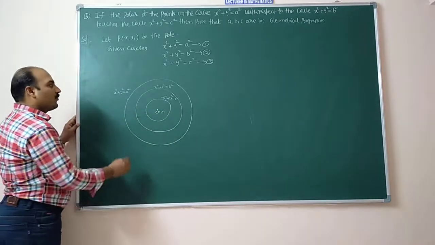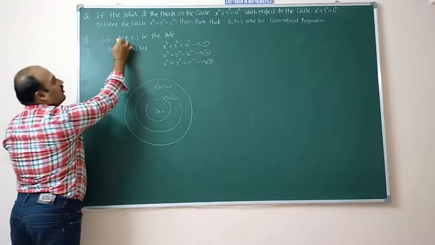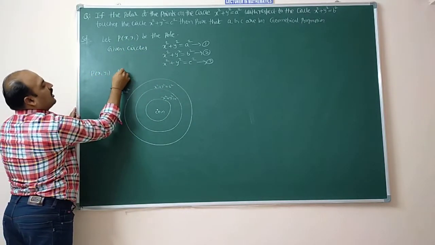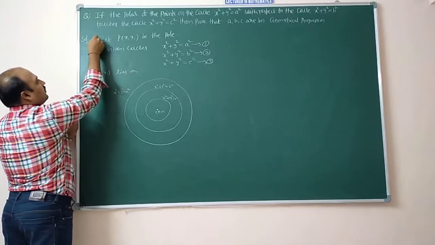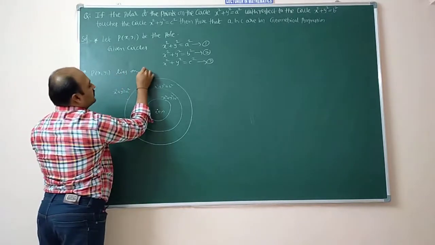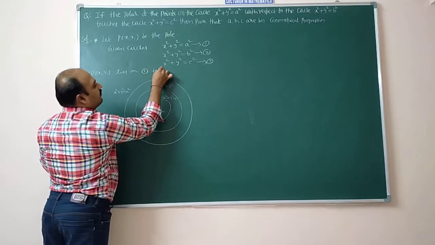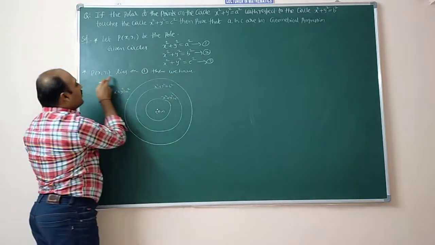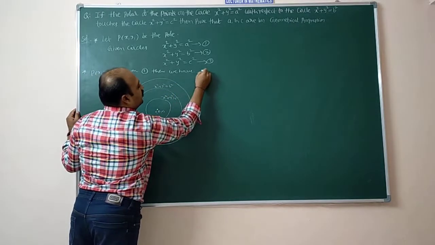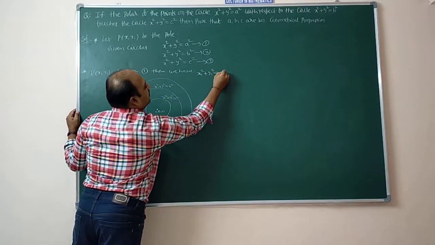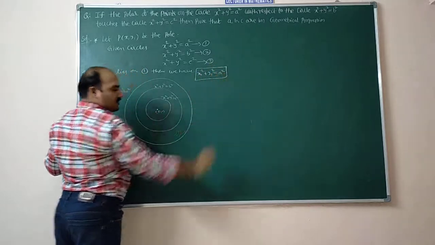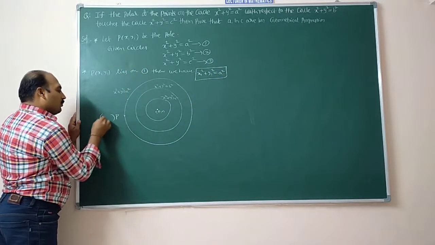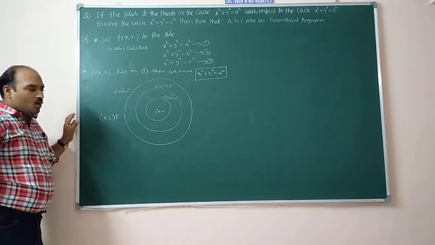Let P of x1, y1 lie on equation 1. Then in place of x, y, it will become x1, y1. So x1 square plus y1 square is equal to a square. Put it in a box.